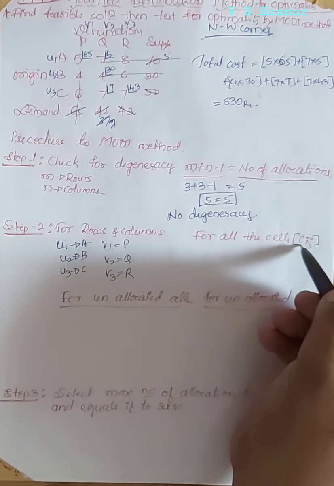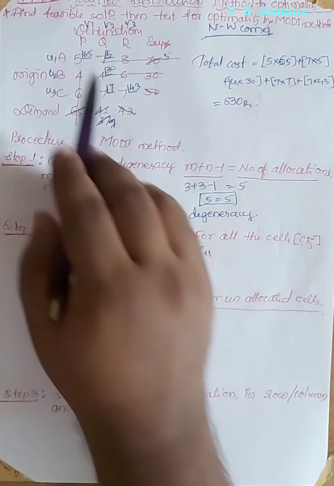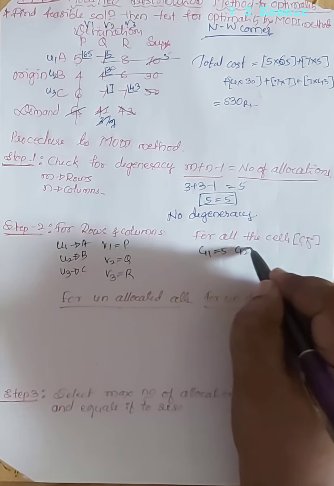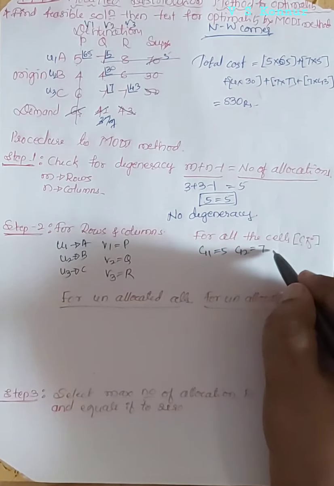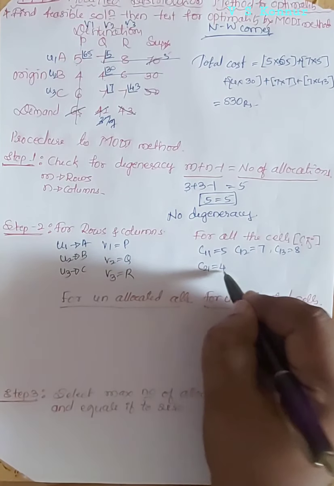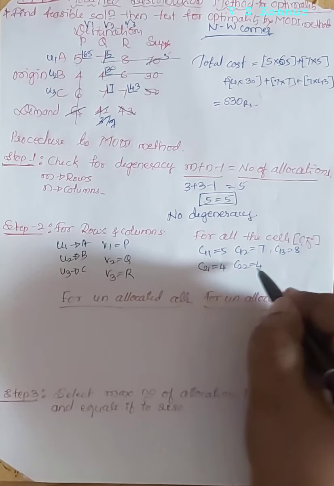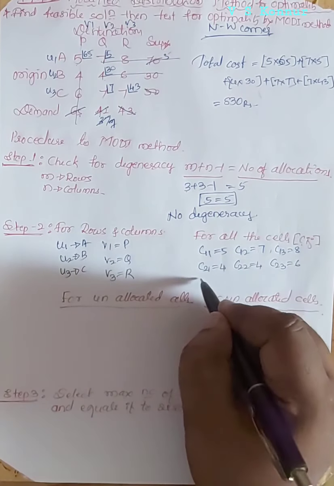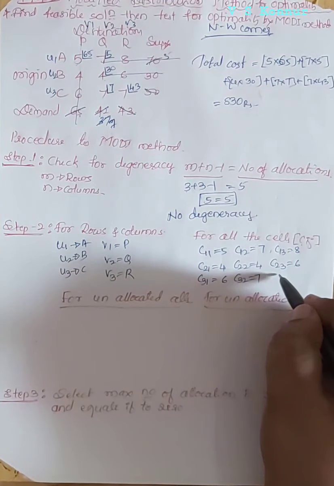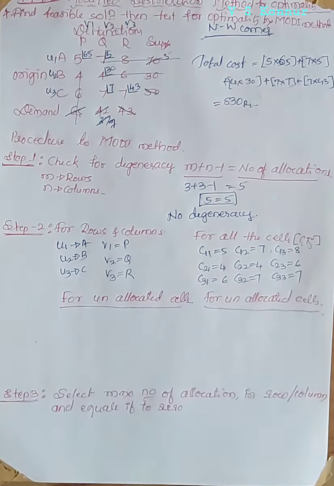For all the cells, you have to write Cij. C11 is equal to 5, C12 is equal to 7, C13 is equal to 8. In the same way, C21 is equal to 4, C22 is equal to 4, C23 is equal to 6, C31 is equal to 6, C32 is equal to 7, C33 is equal to 7.